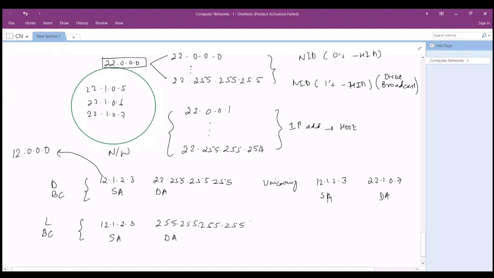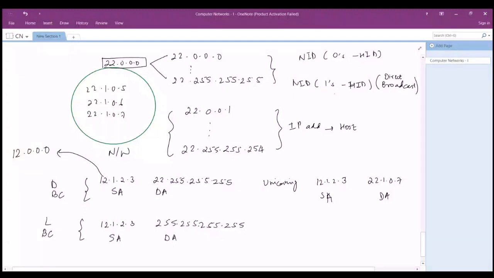When you keep all ones in the destination IP address, it is referred to as limited broadcasting. Did you get this? For any host in any network, the limited broadcasting address is always the same, which is all ones.